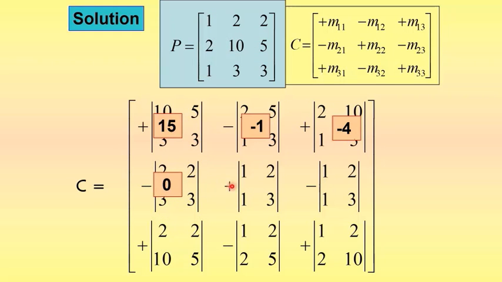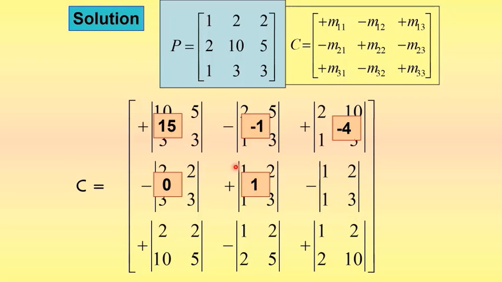Next, second row second column, so positive here. By deleting second row second column, the remaining is 1 2 3 1 3. Then the determinant 1 times 3 minus 1 times 2, so we have 1.